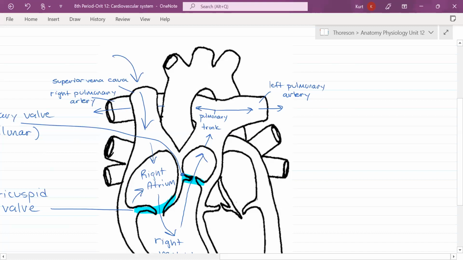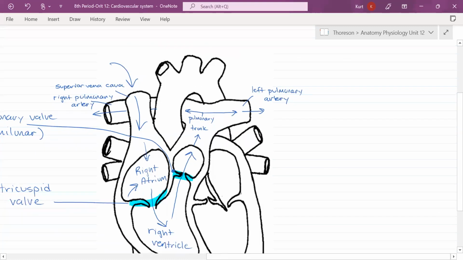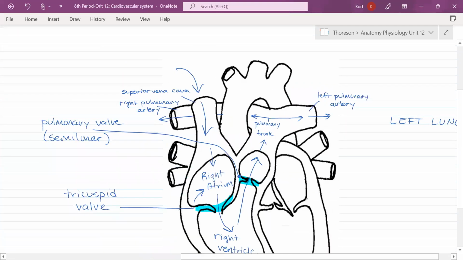And tell me one more time, where are these pulmonary arteries sending this deoxygenated blood? To your lungs. So over here, we're going to say this is your left lung. And over here, we're going to say this is your right lung. And what is this blood going to do while in your lungs?